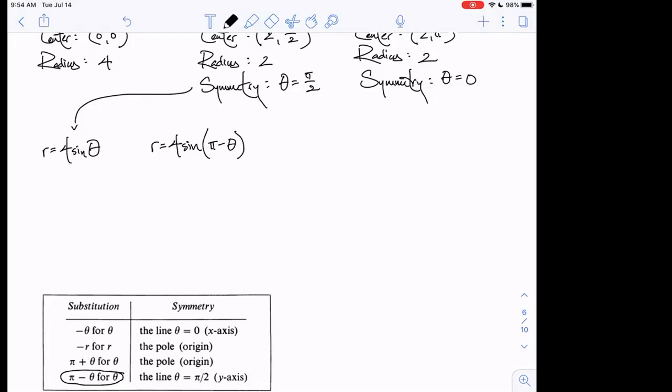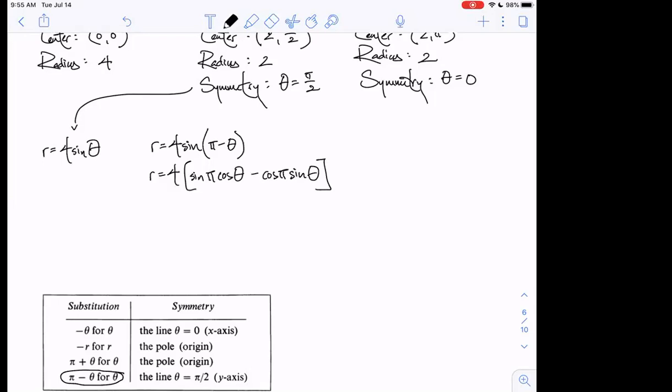The trick we use to expand sine of pi minus theta, there are two different ways, but one of the more common ways is the sine sum or difference rule. That identity is sine of the first angle times cosine of the second angle minus cosine of the first angle times sine of the second angle.